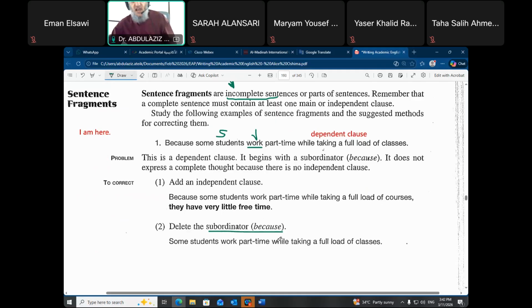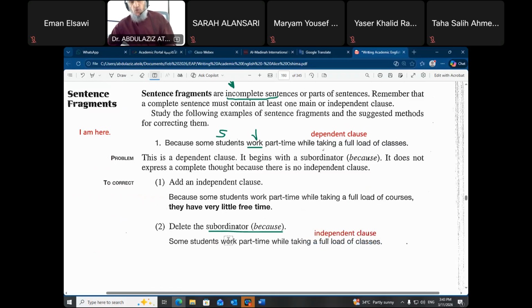Right? Yes, doctor, I understand. Okay, now you got it. So simply delete because. If you delete because, it becomes a full sentence: some students work part-time while taking a full load of classes. That's a full sentence. Now this becomes independent.